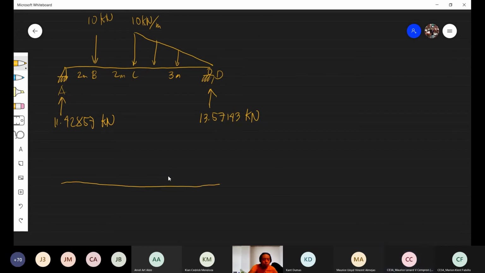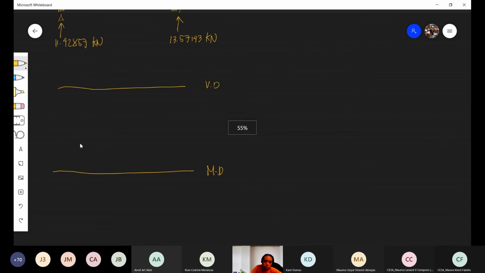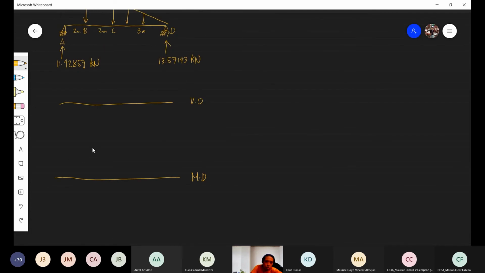Same? Yes, sir. Okay, nice. So this is the shear diagram, and below is the moment diagram. Then, of course, we project the points down, here and here.